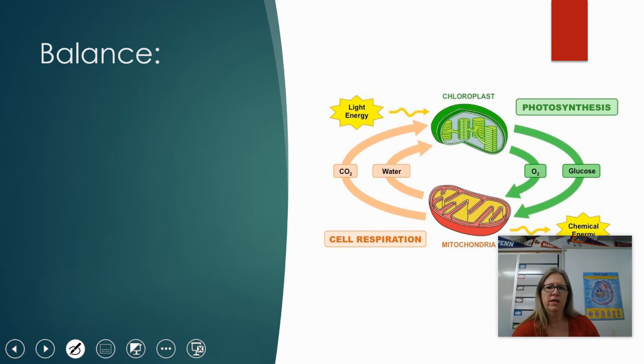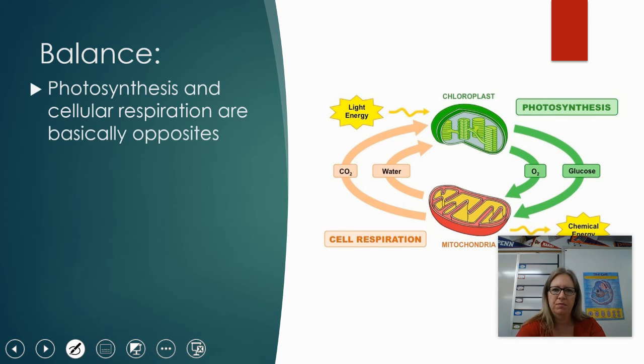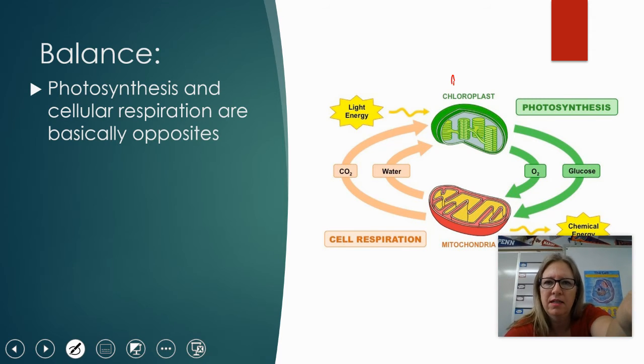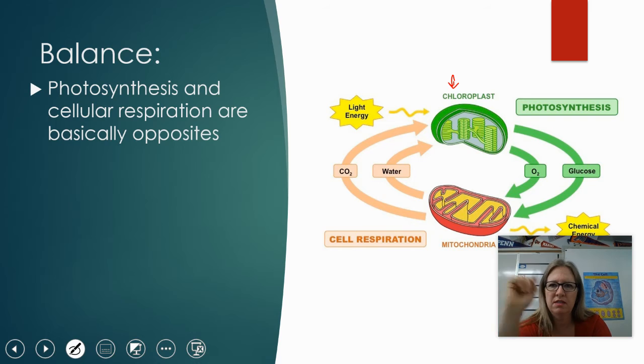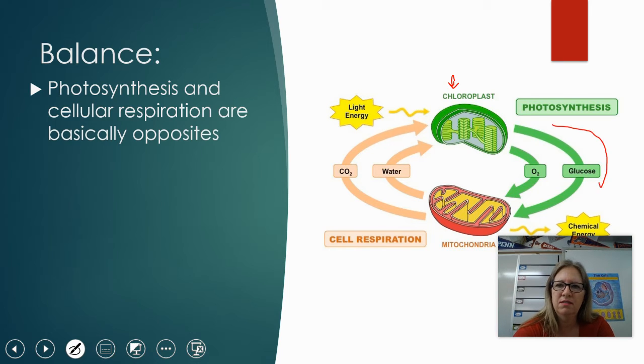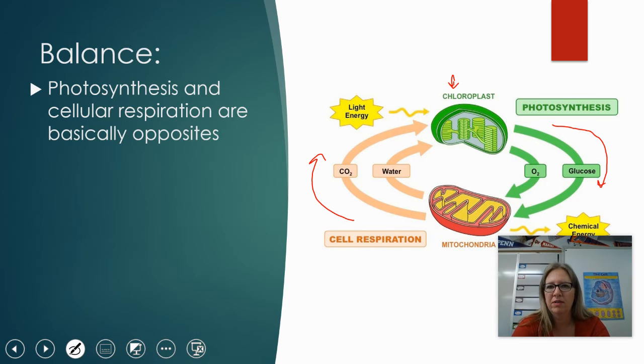Okay, so I already showed you how the reactions are opposites of each other. This diagram shows that as well. You've got the chloroplast of a plant cell right here doing photosynthesis. It releases oxygen and glucose, which animal cells need. We take in that oxygen and glucose, perform cellular respiration, and then our waste products we release are water and carbon dioxide.